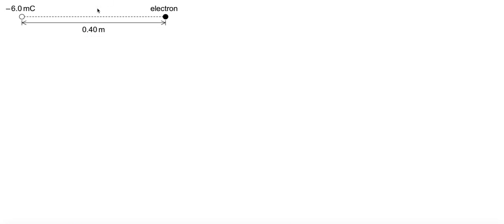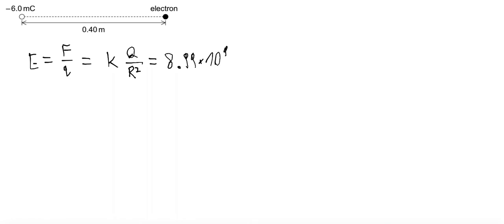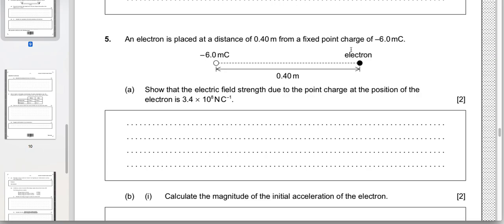So you can write the strength of the electric field as force over charge, unit positive test charge, or as kq over r squared, where k is a constant which is given in your data booklet, but check it. The charge is 6 millicoulombs, so milli is 10 to the power of minus 6, and the distance is 0.40 meters squared, and this is the strength of the electric field at the position of the electron.